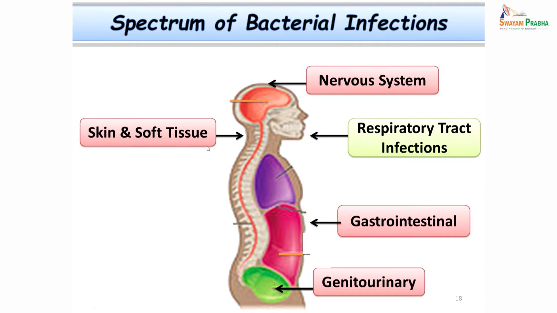Skin and soft tissue infections are also very commonly seen in our day to day practice. So, what we need to remember is the bacteria can be involved in any kind of infection. We have to take the clues and approach for their rapid diagnosis by knowing their structural and functional details.